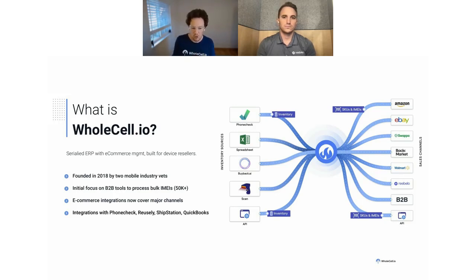So we've got integrations with Phone Check for diagnostics. We actually have a couple other diagnostics providers that are building integrations on our API now. So if you're curious about that, reach out to me. We have an integration with a company that's now called Reusely that was Buyback.ai. They build trade-in software. And we've also got ShipStation and QuickBooks integrations. So tons of integrations with the software that you use to manage your inventory and your business at large.